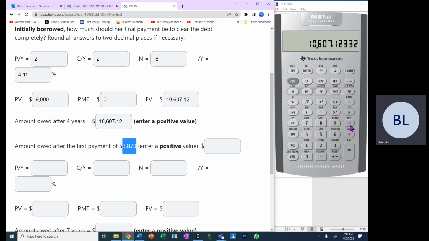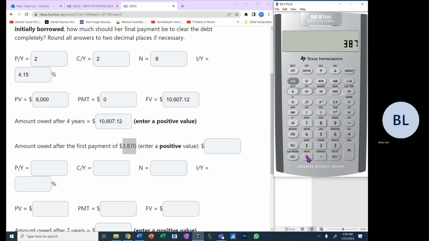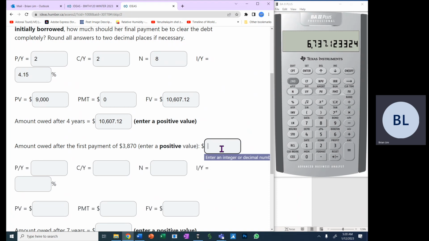So I will subtract, I hit the next minus sign already, or if you want, I can hit it again, and let's see what happens. 3870, and I click equal, and that seems to be a correct answer. So 6,737.12. Okay, so that is the correct answer. That's owing after the first payment.